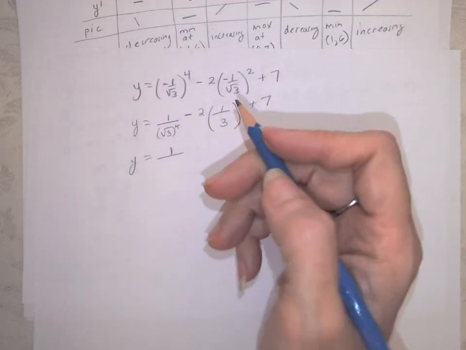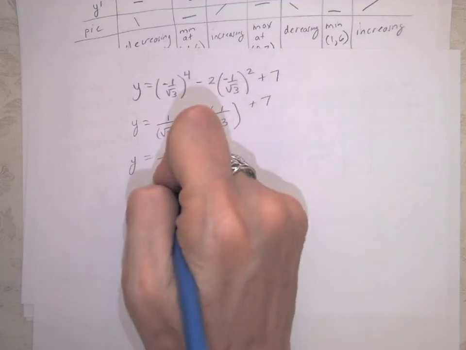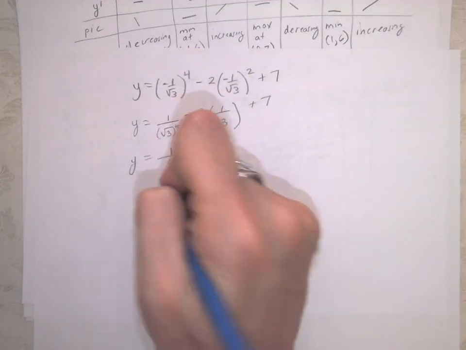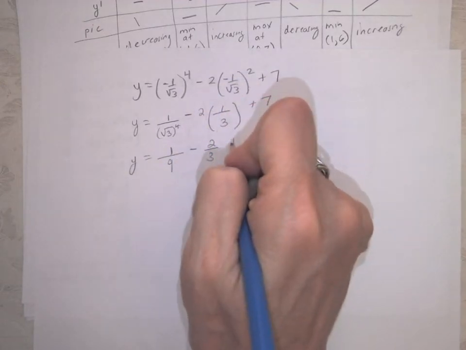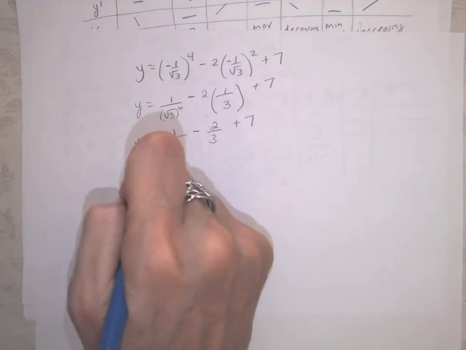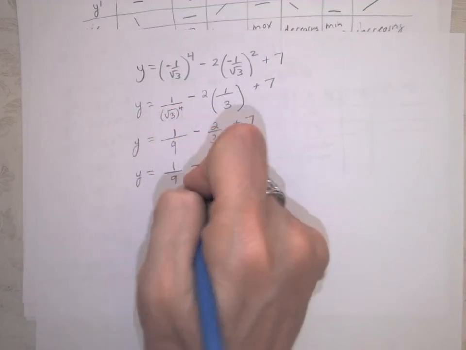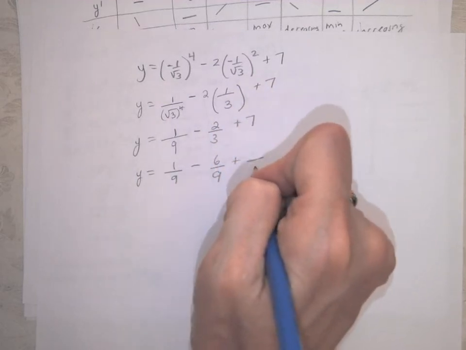So here we know that root 3 squared is 3, and then we would square again and get 9. Minus 2/3 plus 7. We want to get a common denominator here of 9. 2 times 3 is 6.